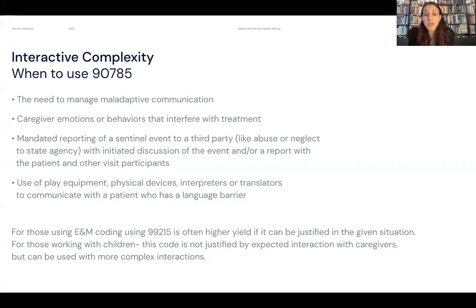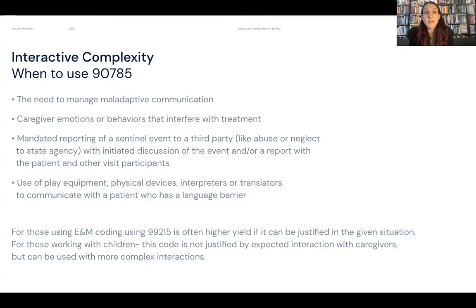So if someone was doing E&M coding, using a 99214, and they wanted to use interactive complexity, there would have to be a psychotherapy add-on code as well. So you would need that 90833 in addition. But for those of you who are just using psychotherapy codes in general, this is something that you can add to the psychotherapy codes you're using already.